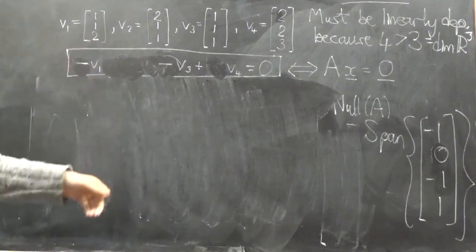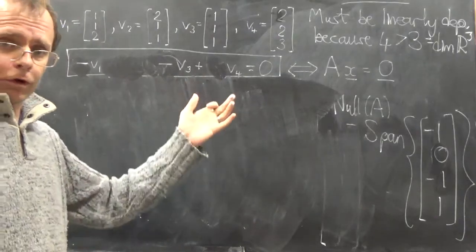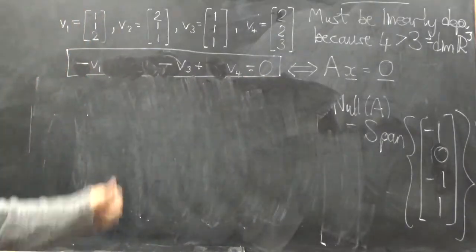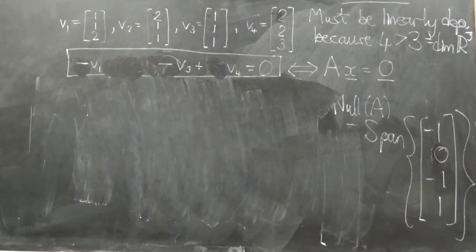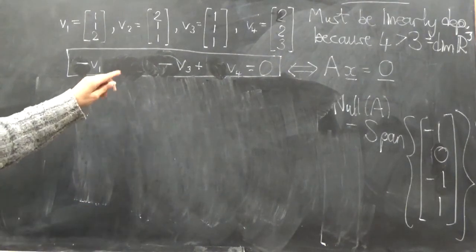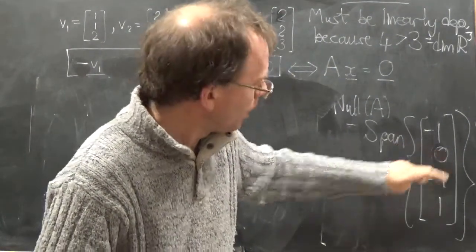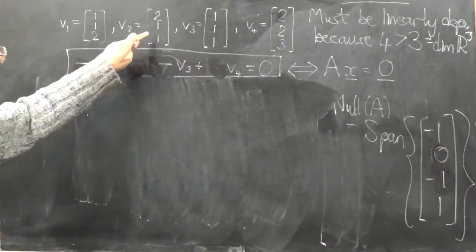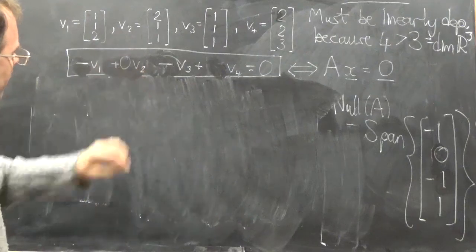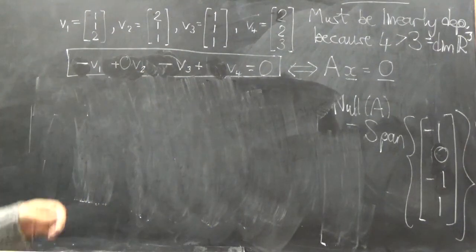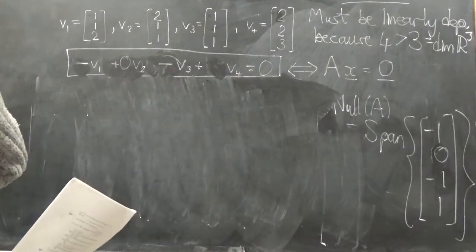So for instance, minus 3v1 minus 3v3 plus 3v4 equals 0 is an example of another linear dependence relation between these vectors. Now the difference here is that one of these x's has to be 0: x2 has to be 0, the number in front of v2 has to be 0, so it's like we've got 0 times v2, which means that we can't rearrange this to express v2 in terms of the others.